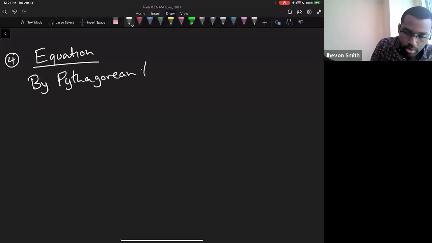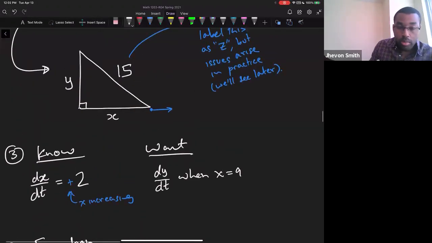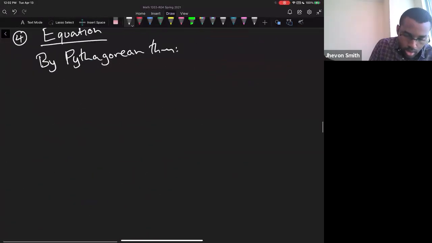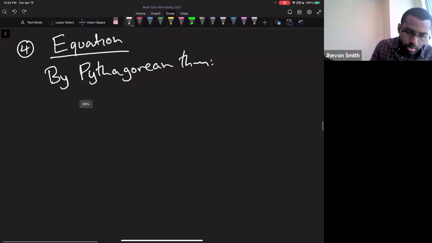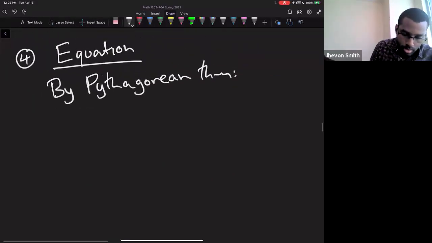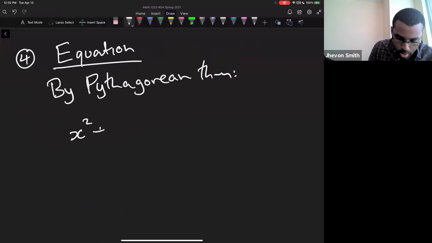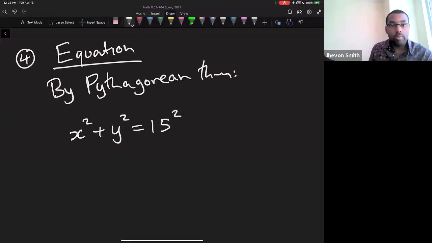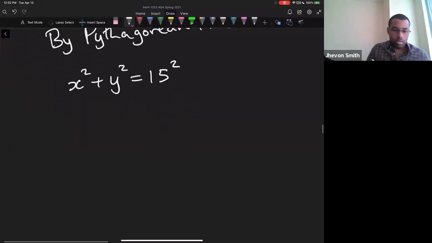We know that the sum of the squares of the 2 legs is equal to the square of the hypotenuse. That's kind of big, right? X squared plus y squared equals 15 squared. So that's our equation.